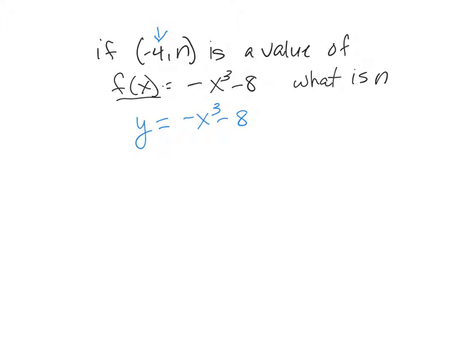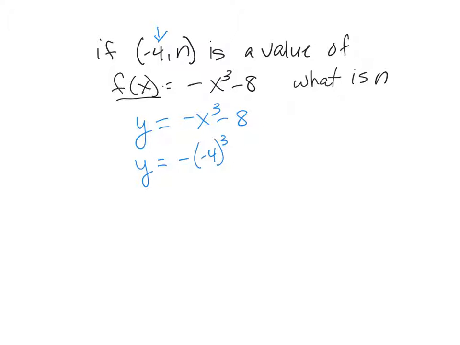So we're going to put in y equals negative, and this cubed here only goes to the x. So I'm going to put that -4 in parentheses, and that negative stays on the outside.